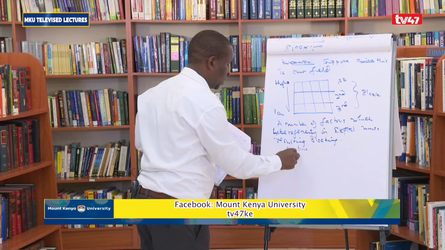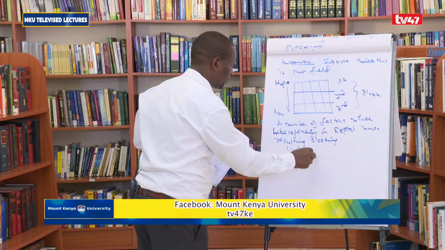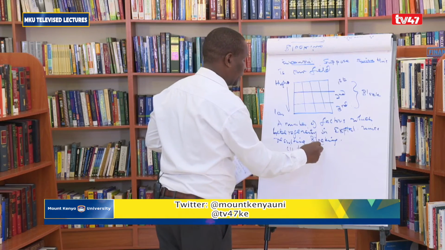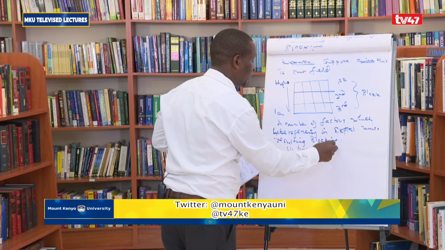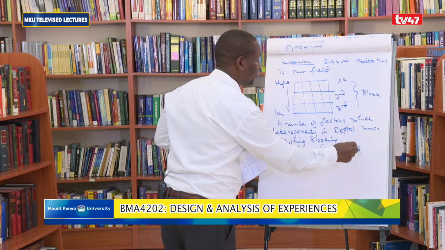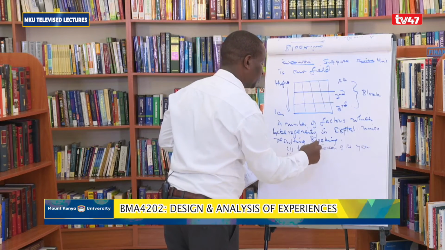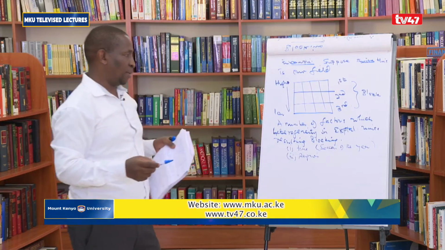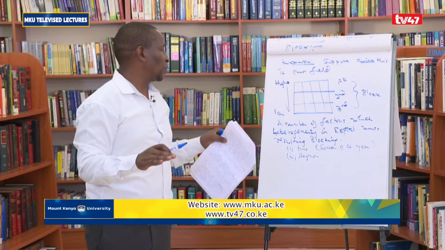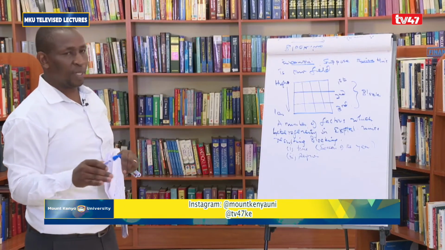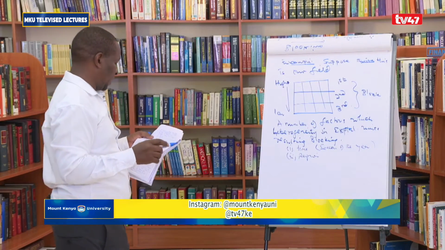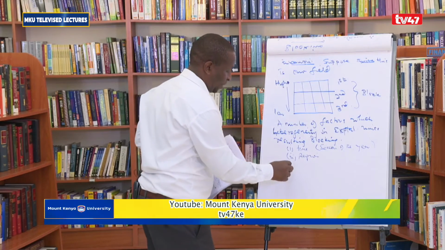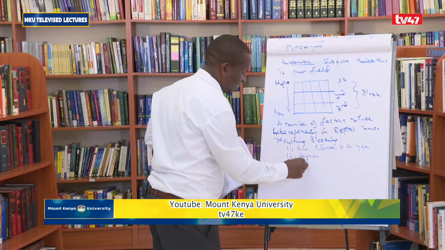This is the season of the year. 2, region. As we have demonstrated, maybe the landscape on which the field where the experiments will be conducted is inclined. And number 3 is facilities.